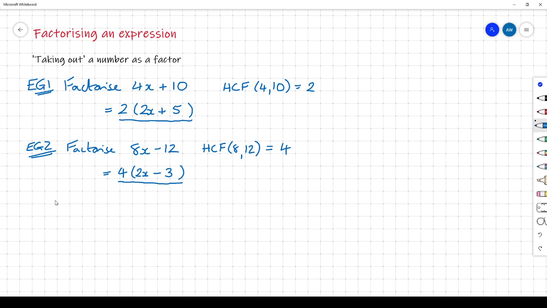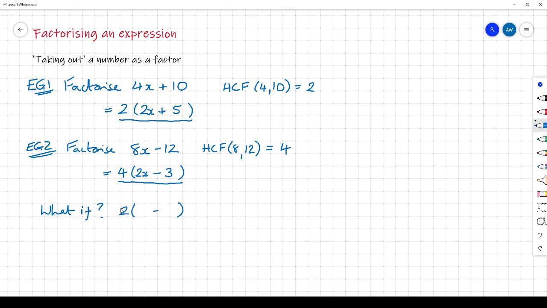Nice and easy. What if though we did this? What if we looked for the highest common factor of 8 and 12 and you came up with 2? And instead of putting 4 outside, you put 2 outside.